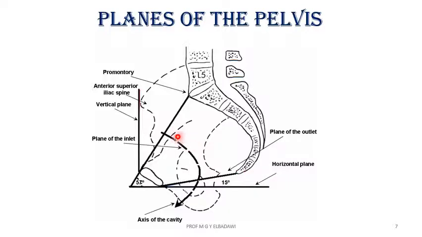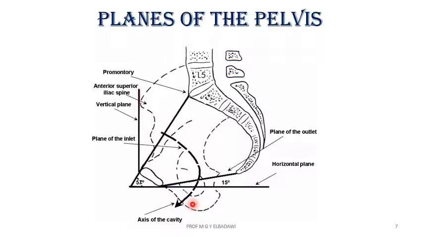That is the plane of the inlet here. That is the axis of the cavity. The plane of the inlet is this one. The arrow is moved a bit. So this is the axis of the cavity of the pelvis.